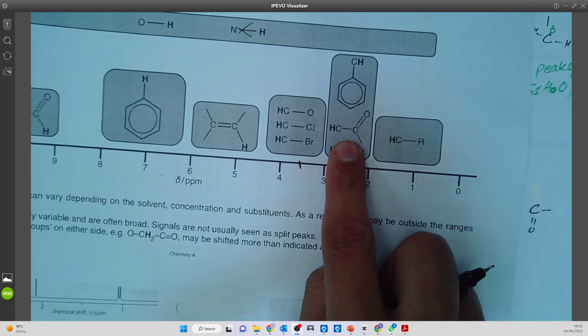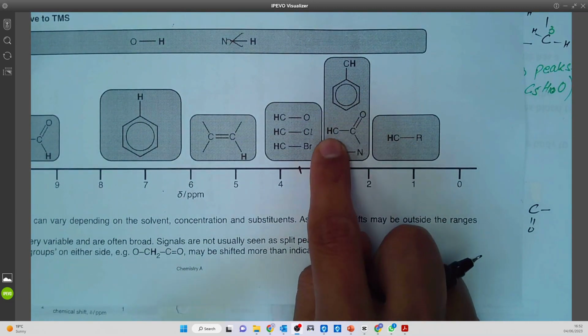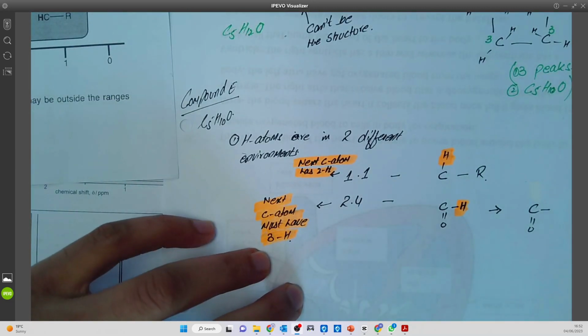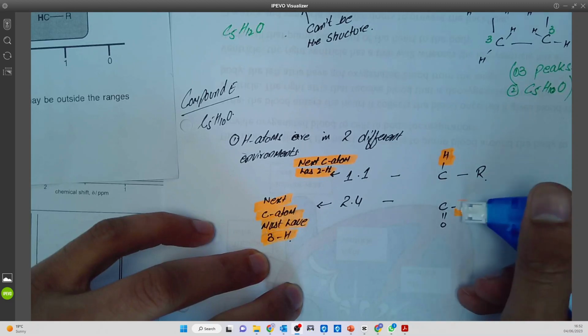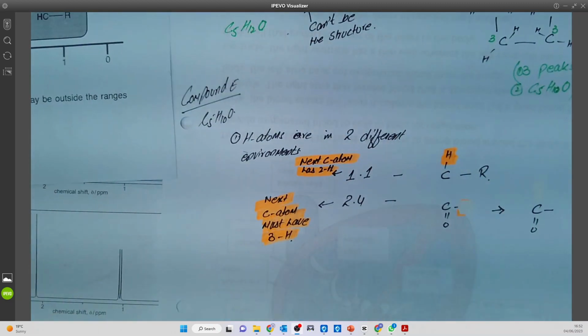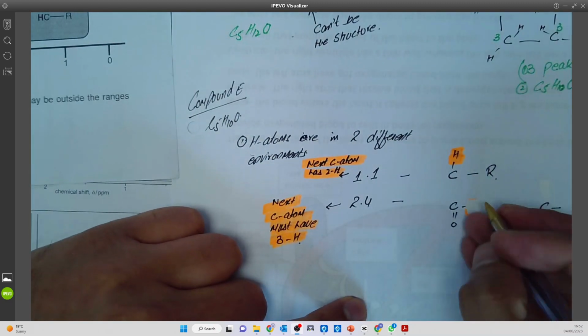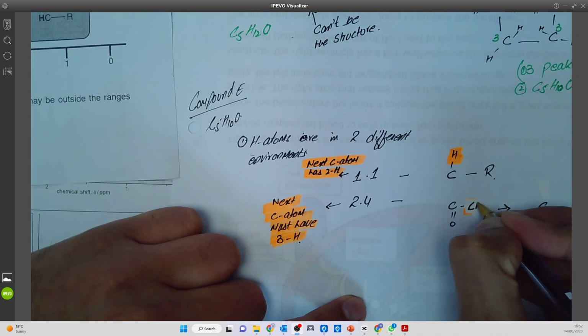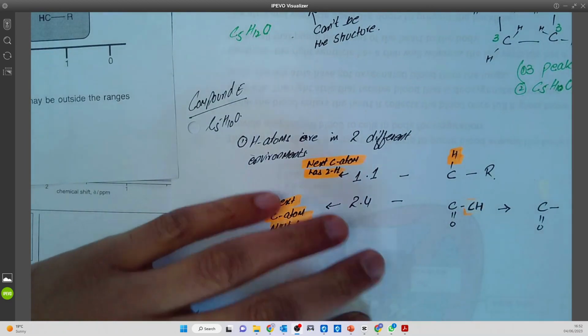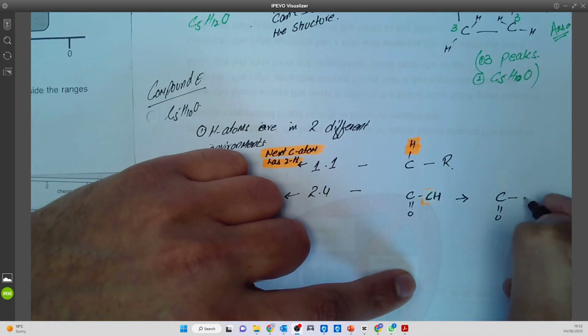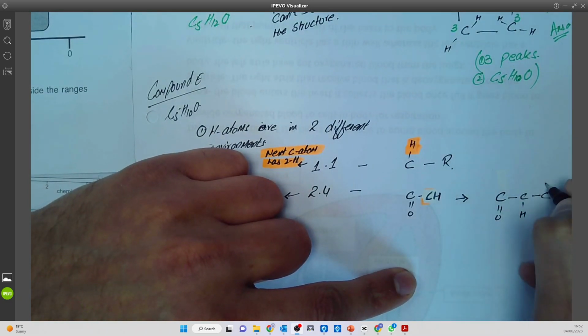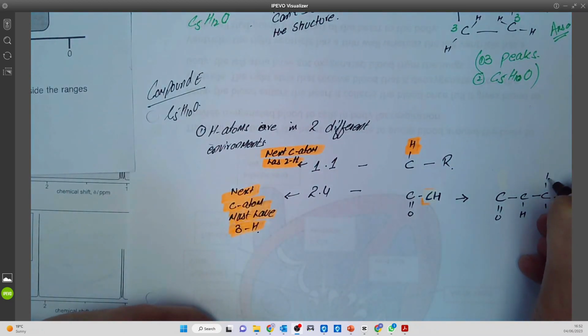I made a small mistake here. So this is written like C double bond O and CH. I wrote it a little bit differently. So it should be CH. It will get modified into, there is a hydrogen here. Next carbon atom must have how many hydrogens on it?